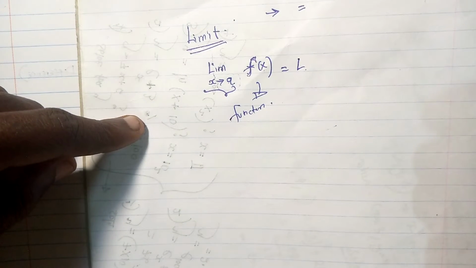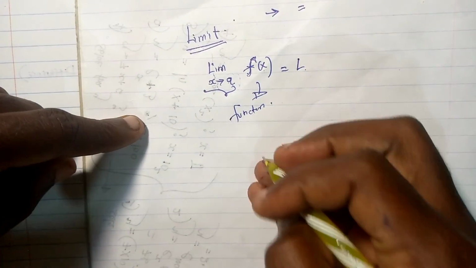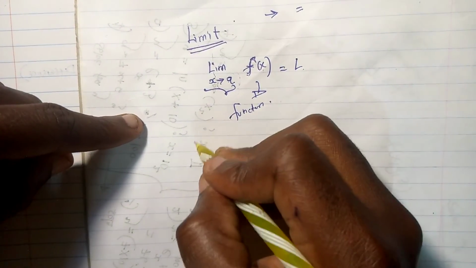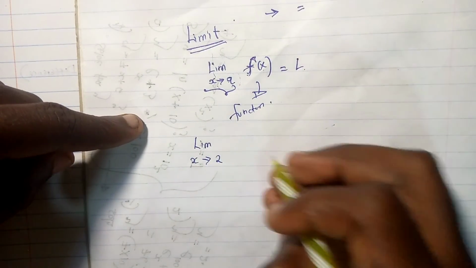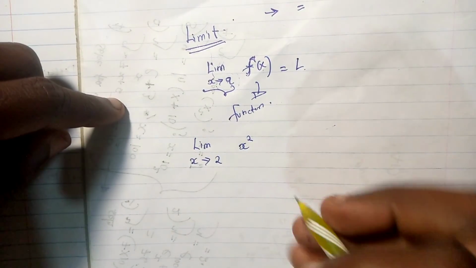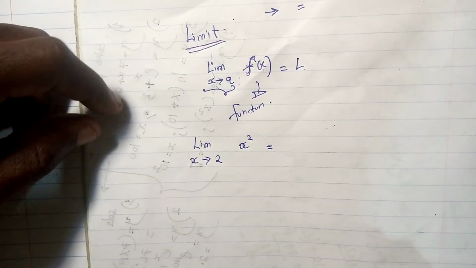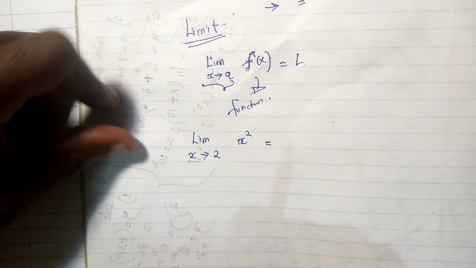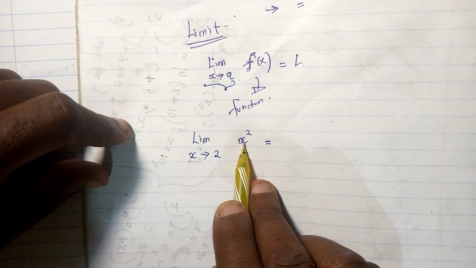Before I proceed, let me give you a basic example of a limit. You can have something like limit as x approaches 2 of x squared. If you want to evaluate this limit, basically what you're going to do is substitute the value of 2 in x.